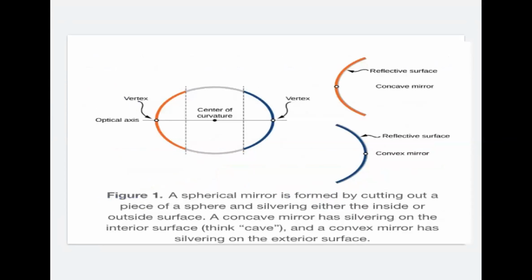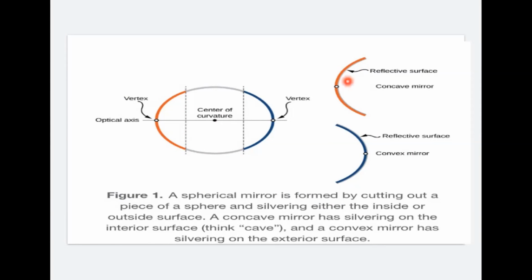Now see, there is a glass sphere over here. You can see both the concave and convex mirrors are being taken out from the same sphere. You can make out if the surface is bulging out and it is shiny outside, such a mirror would be called a convex mirror.